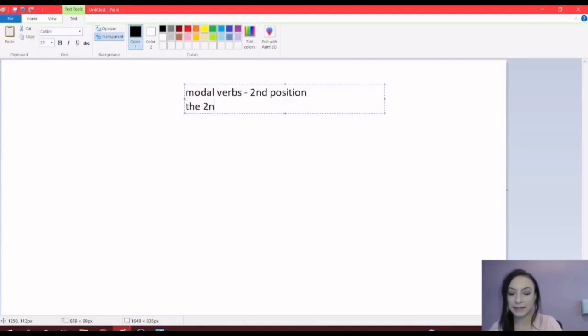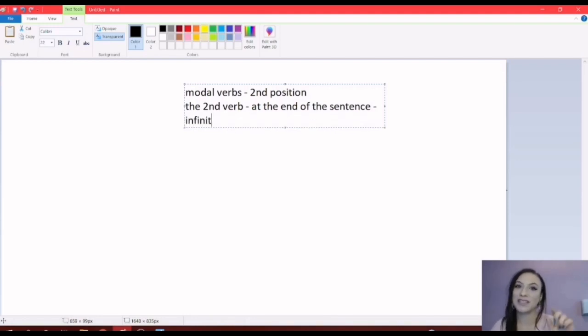So the second verb is always at the end of the sentence, and it stands in infinitive form. You don't change this other verb depending on the person. You change the modal verb, but not the infinitive.